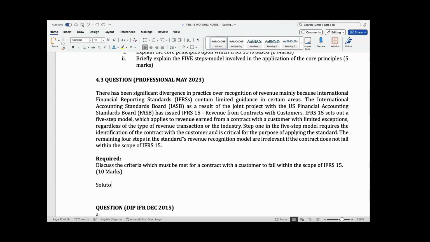Can you remember this? The criteria. Now they say you should discuss, meaning you just need to write short notes. Nobody's asking you to write something huge. For you to even remember this, you must have actually read it very well.